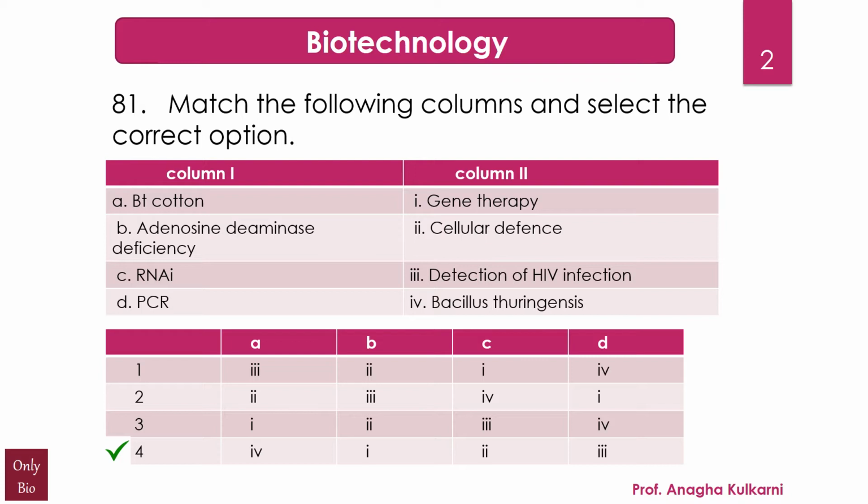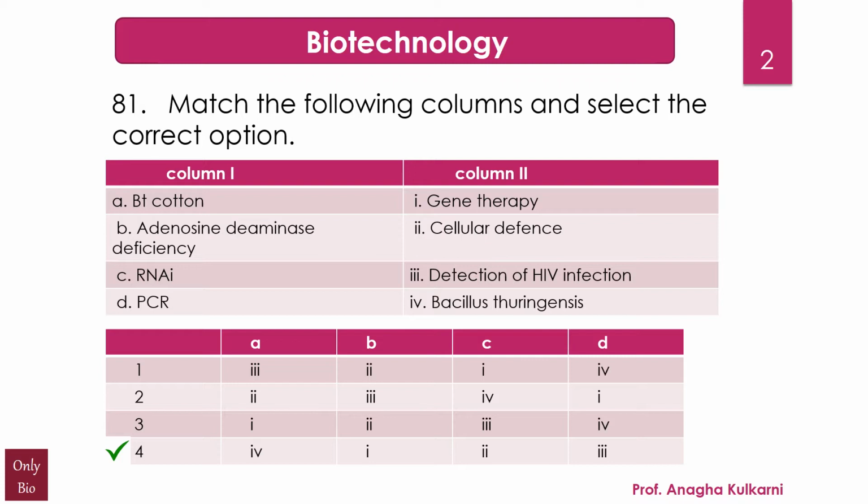Now the option B, adenosine deaminase deficiency, in simpler way called ADA deficiency. This is a metabolic disorder that causes immunodeficiency. It is caused by mutations in the ADA gene, and it accounts for about 10 to 15% of all the cases of autosomal recessive forms of severe combined immunodeficiency, called SCID.